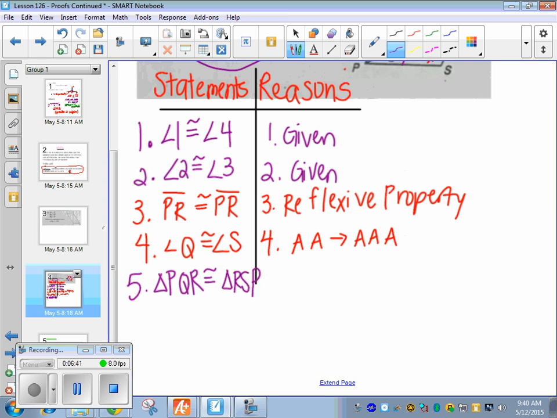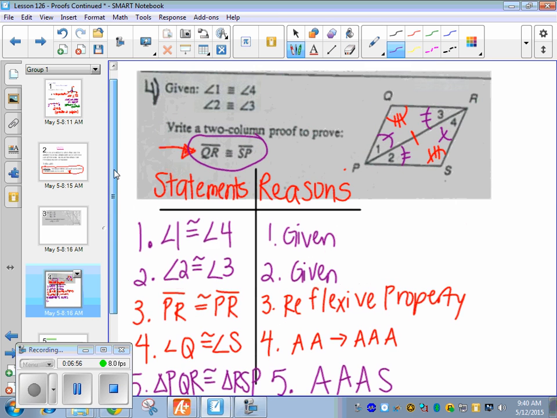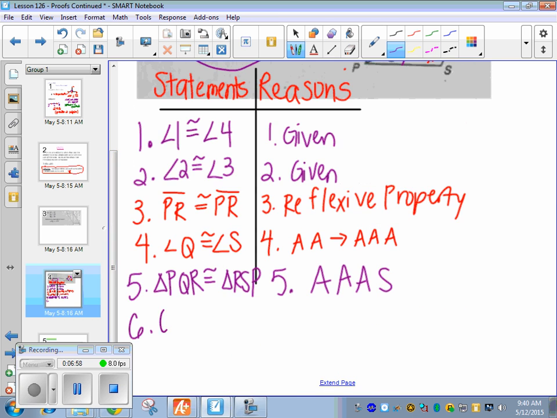So same order. And my reasoning is AAS. All right, once we get to this, we can state anything else we don't already know is congruent. So we're trying to prove that QR is congruent to SP. And it is true because once we know the triangle is congruent, corresponding parts of congruent triangles are congruent. CPCTC.